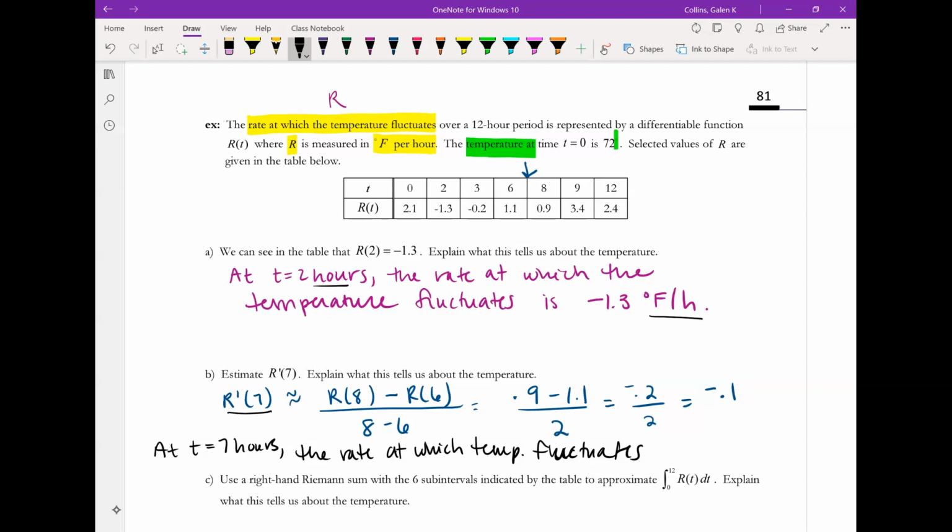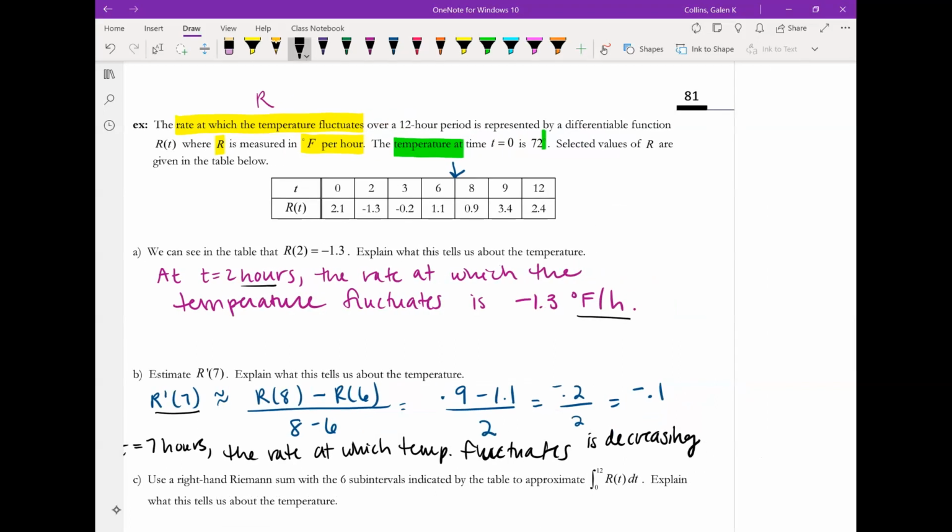So at t equals 7 hours, the rate at which temperature fluctuates is, and we could say changing or decreasing. I'm going to say decreasing since it's negative. It is decreasing by approximately 1/10 degree Fahrenheit per hour squared. So don't forget our units.